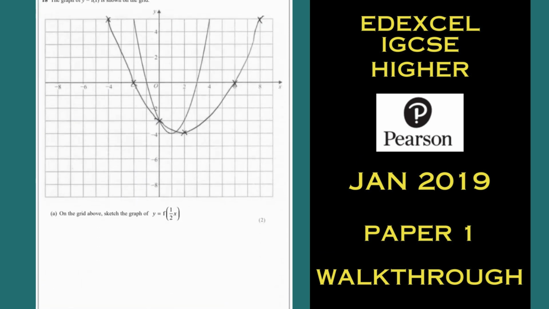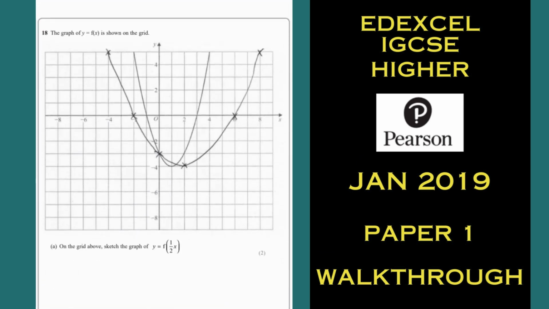So number 18, usual cheating for me. I've drawn it in advance. Don't forget, if you multiply just the x, not the entire function, if you multiply just the x by a half, you get a horizontal stretch, scale factor 2. So everything in terms of its horizontal x coordinate, in other words, needs to be doubled.